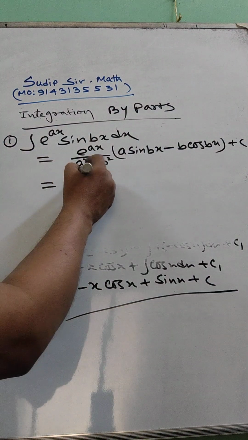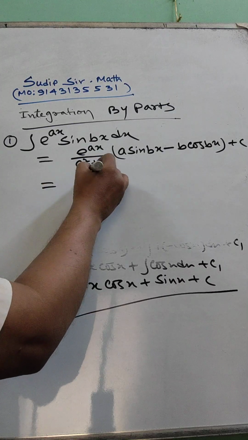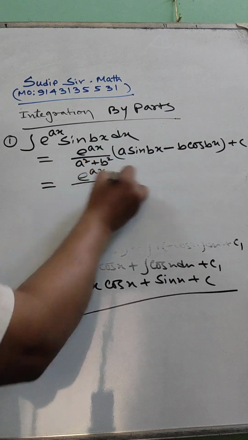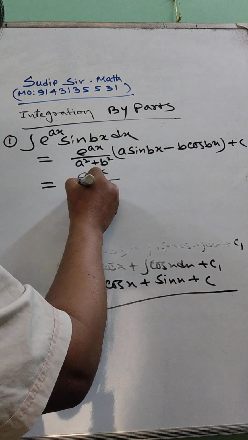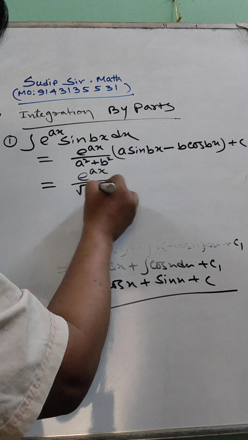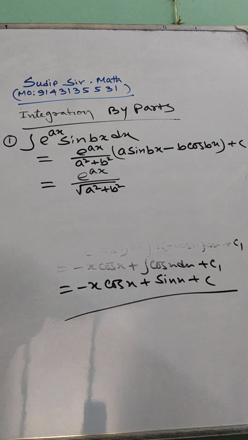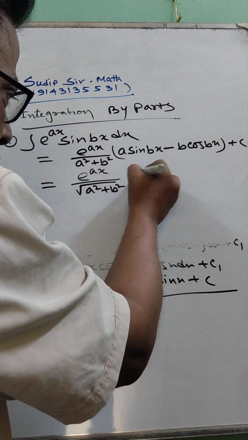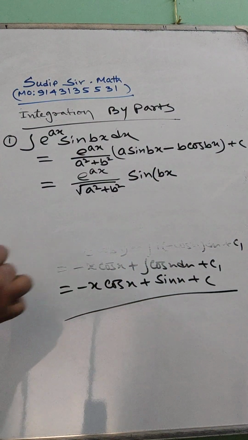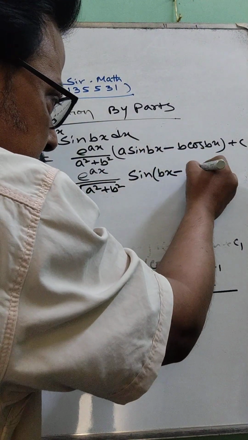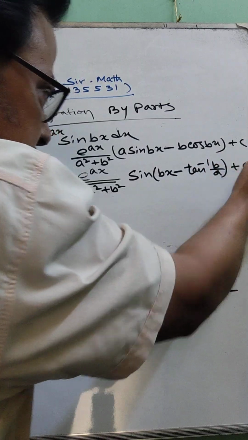And this can be written like this, e to the power ax by root over of a square plus b square into sin(bx minus tan inverse b by a) plus c.